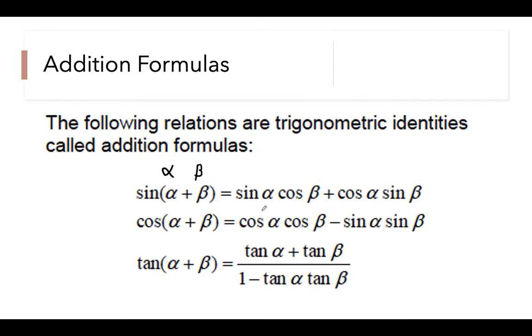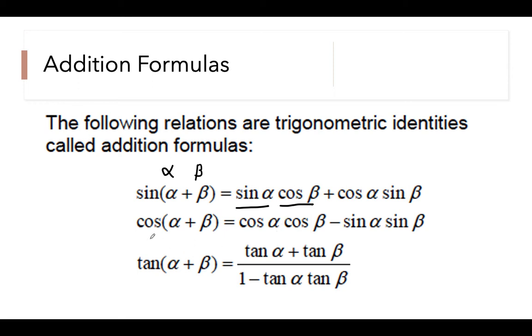I can't stress enough that the order of the equation is very important, and the angle that is attached to the trigonometric ratio is important. So it has to be sine alpha times cosine beta. It cannot be sine beta or one or the other.